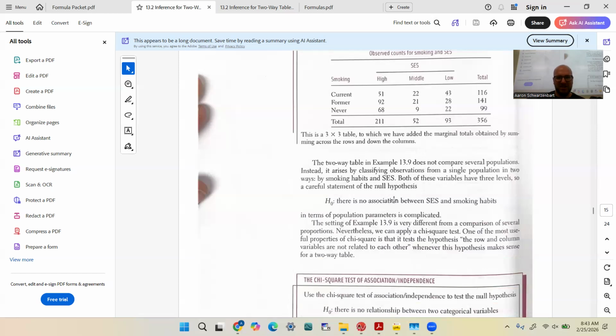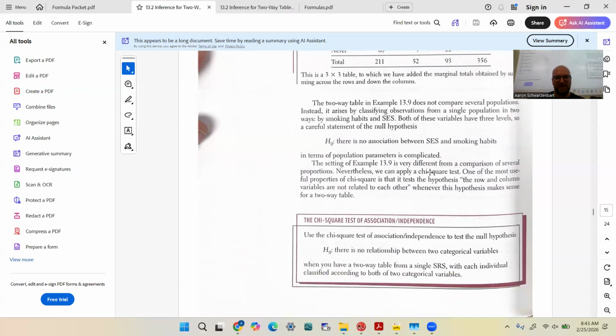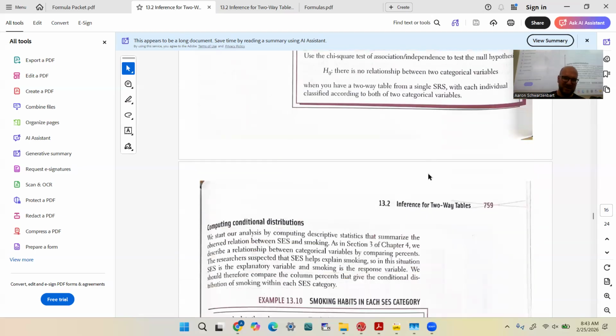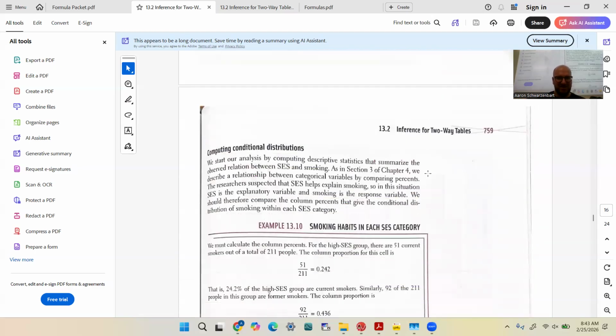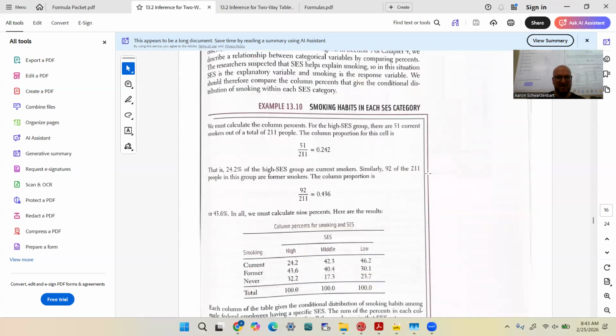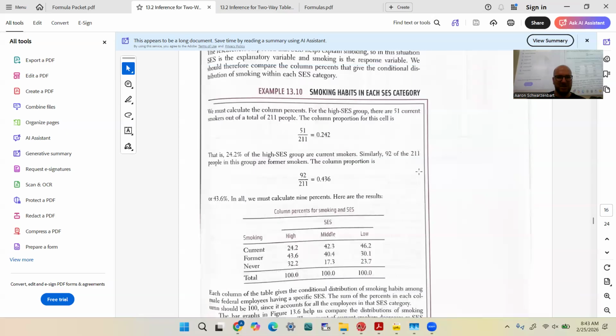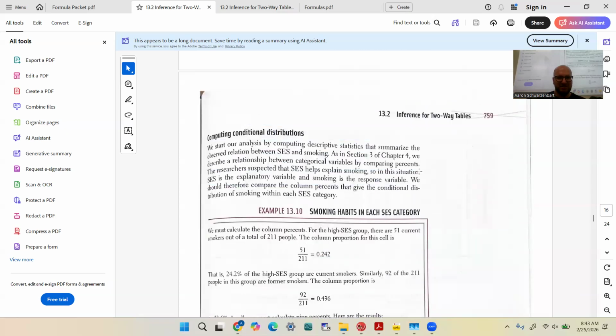So H naught, there is no association between socioeconomic class and smoking habits. A lot of these are going to be words. HA, there is an association. So computing the conditional distributions.